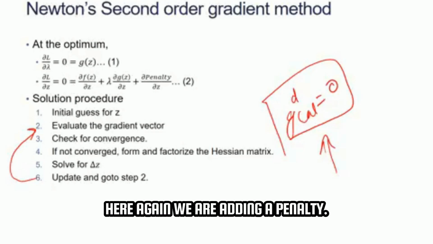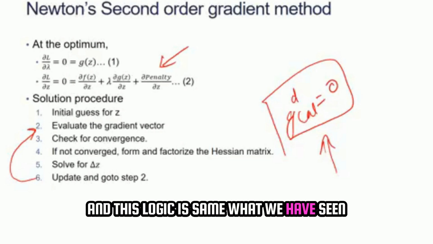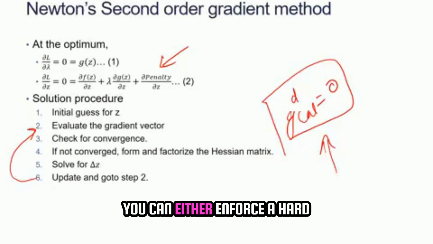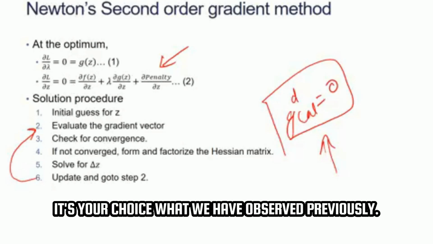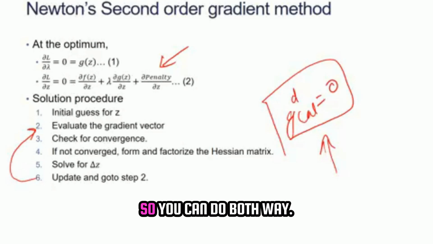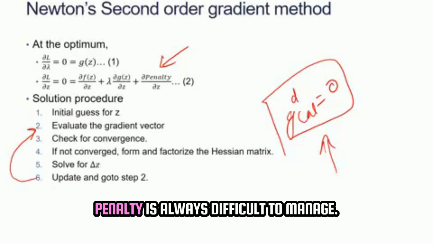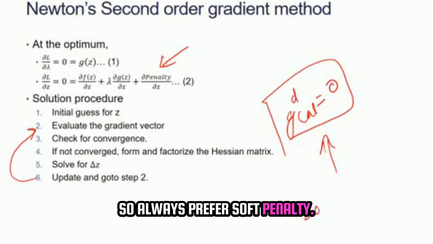Here again, we are adding a penalty, and this logic is the same as what we have seen in the first order method. You can either enforce a hard penalty or a soft penalty. It's your choice, as we observed previously. It is logical that we should go for a soft penalty. It is my preference. Hard penalty is always difficult to manage, so always prefer soft penalty.